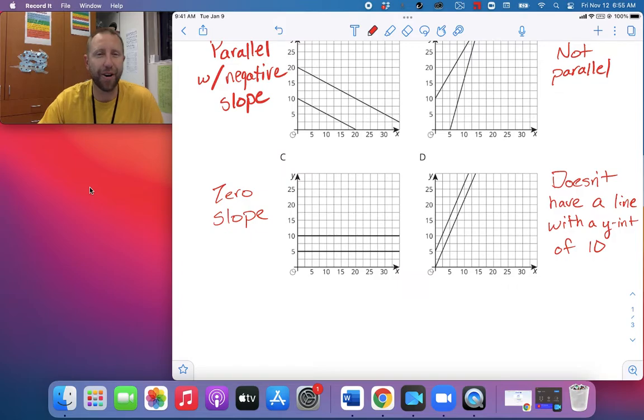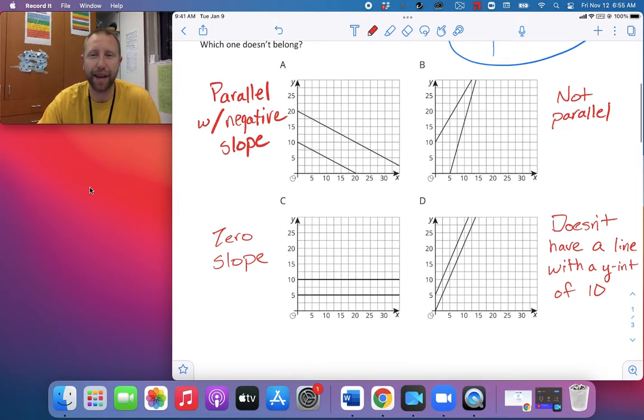If you notice, all the other graphs, so I'll scroll back down a little bit, A has a line that has a y-intercept at 10 right here. B has a line that has a y-intercept at 10 right here. C has a line that has a y-intercept at 10 right here. But D, it doesn't. So I'm going to say that's my reason. Now, of course, you could have come up with other reasons for all of these, but make sure you have a reason written down.